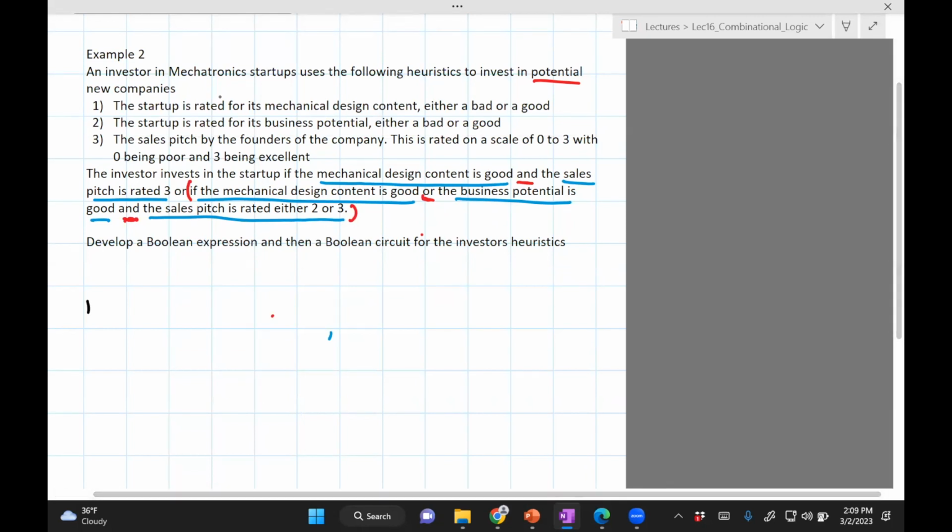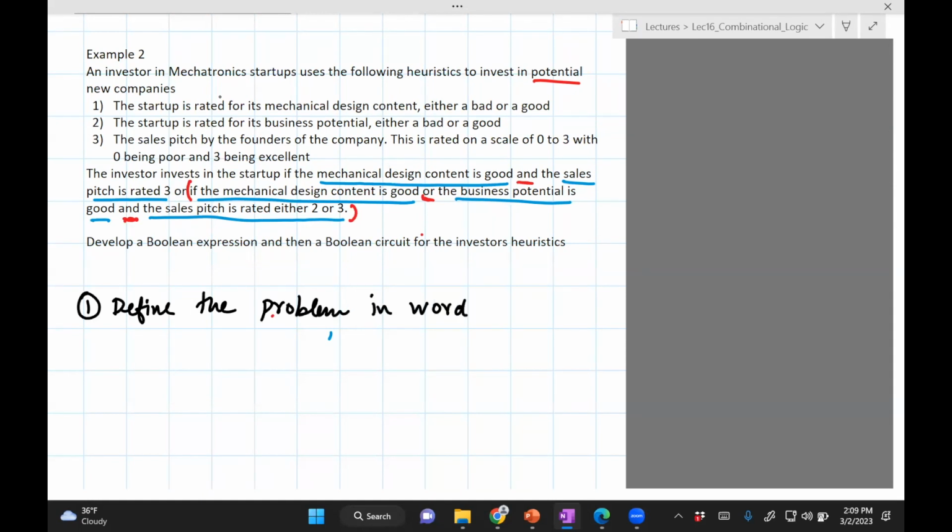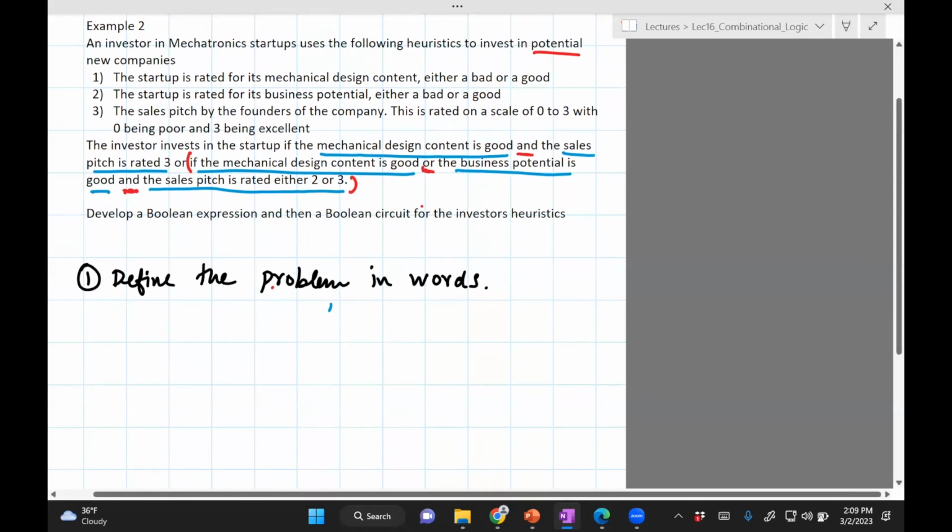Okay, so here are the steps. Define the problem in words. In order to do that, we need to define variables, like A, B, C. So let's go ahead and do that.